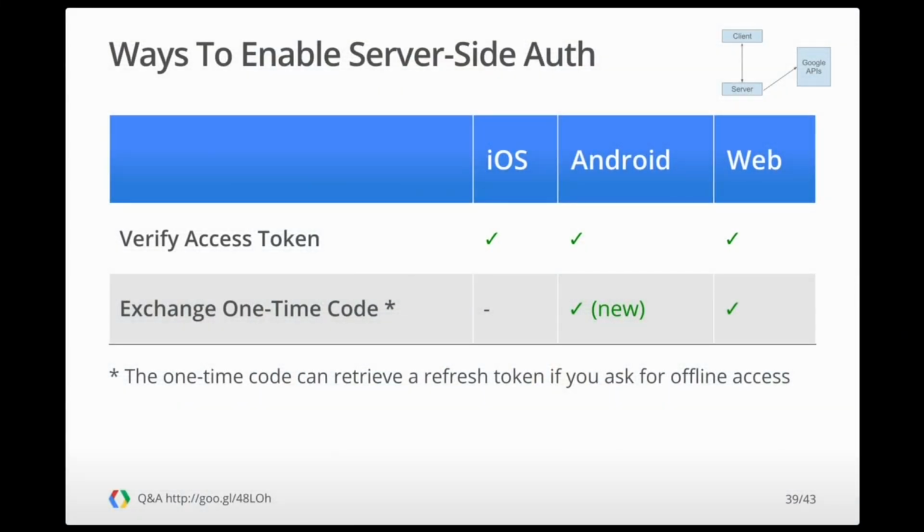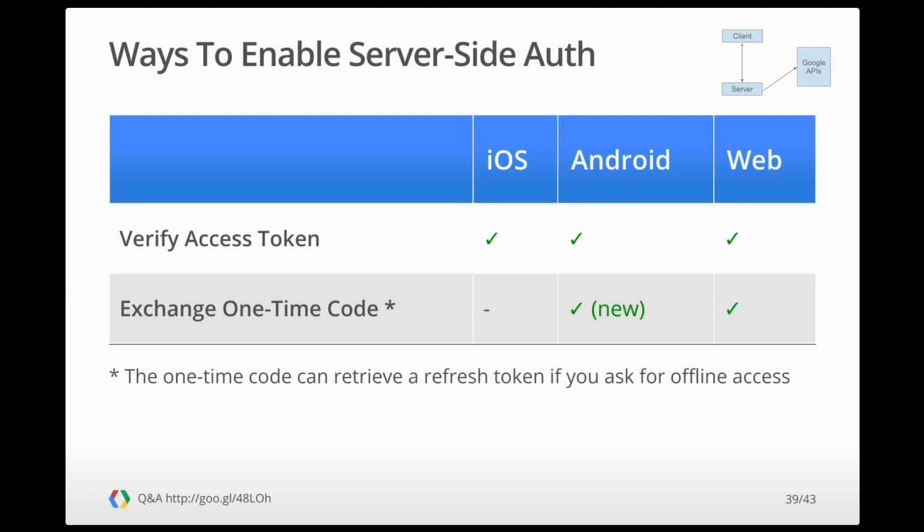So looking at ways to enable server-side auth, depending on which platform you have, you can do different things. All of them have an access token. You can always just send that string from your client to your server. You need to make sure you do it securely, because you really don't want anybody to intercept those. But once you do that, then you know who they are, and you'll be able to use that token to make API requests.